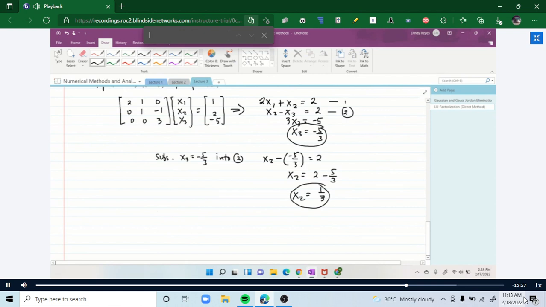And then this is equation 1. We have to substitute x sub 2 equals 1 thirds into equation 1. So that's 2x sub 1 plus x sub 2 equals 2. Okay, so it's 2x sub 1 equals 2 minus 1 thirds.